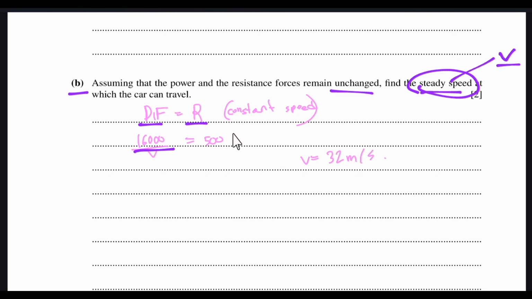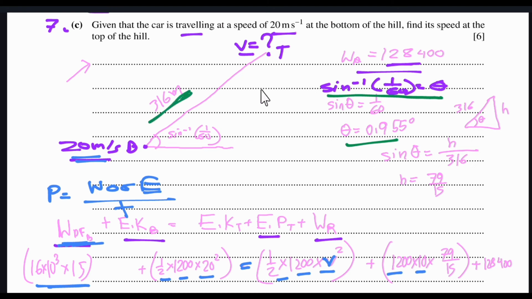We know the value of sine inverse of theta, that means we can use this to find the value of theta. Now we know the value of theta, and we know this length, that is the hypotenuse. So sine theta is equal to opposite by hypotenuse. So opposite, that is the height, is equal to 79 by 15. So gravitational potential energy is equal to mass into gravitational force into vertical height, and the work done by resistance is already given, work done against resistance.